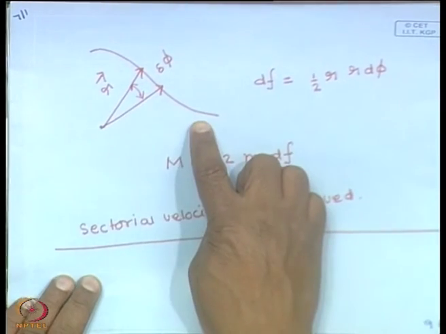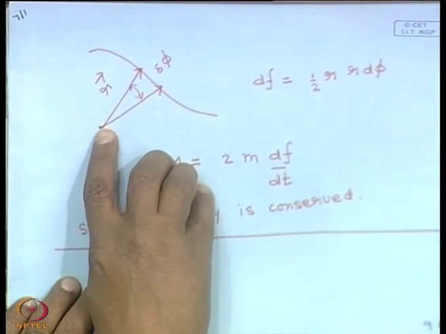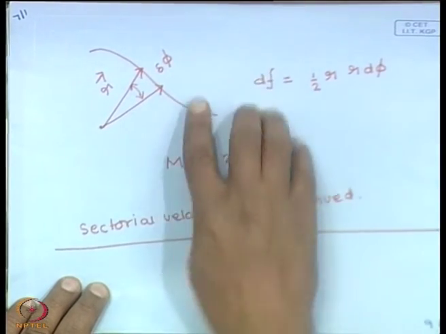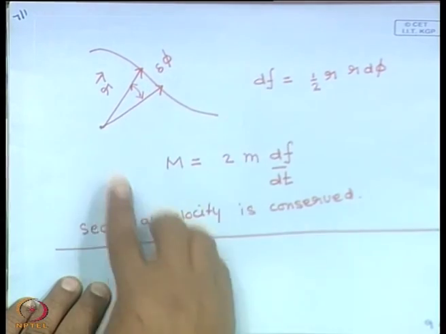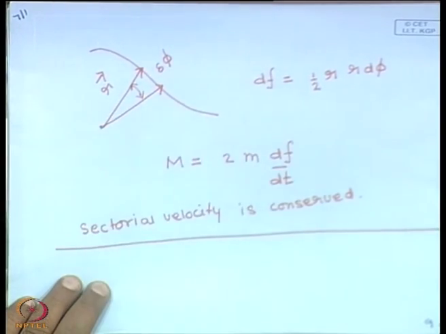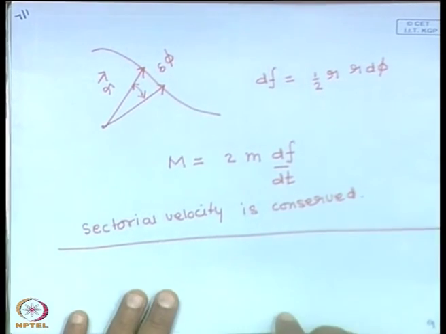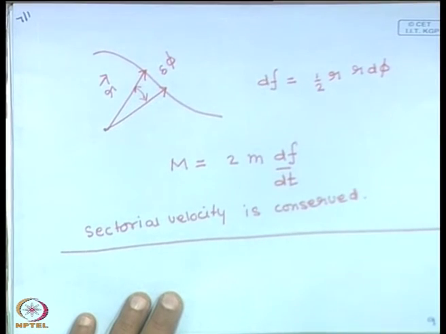in this orbit, this is the center of force, the area subtended by the orbit at the center of the force, the rate of change of that area is constant, right. This is what we worked out. So, the sectorial velocity is constant, is conserved, it is related to the angular momentum.